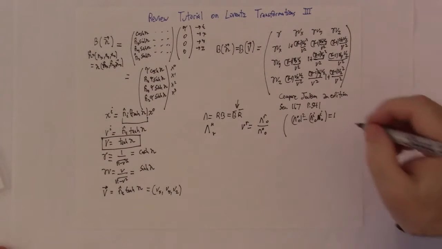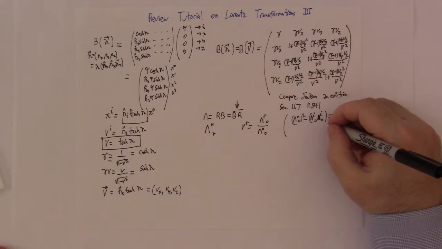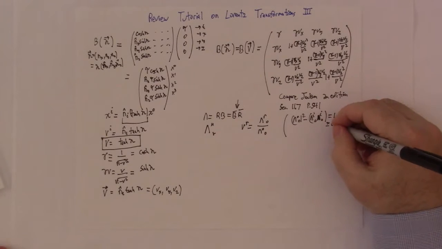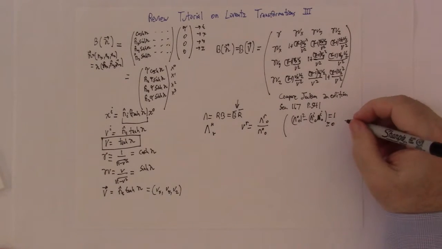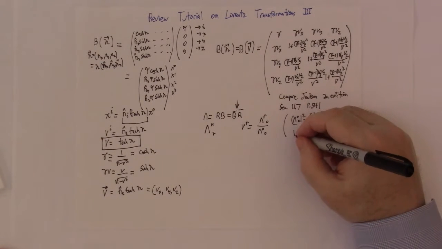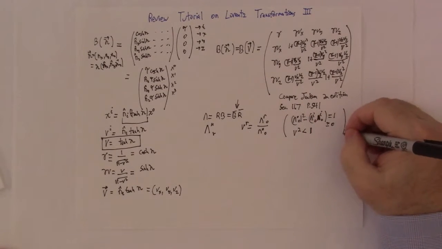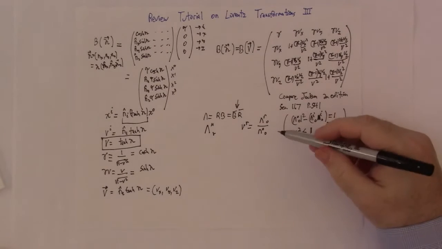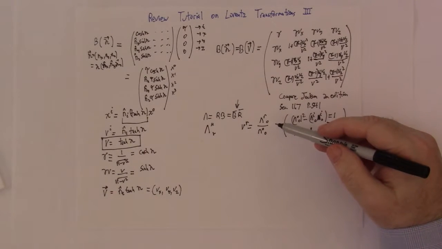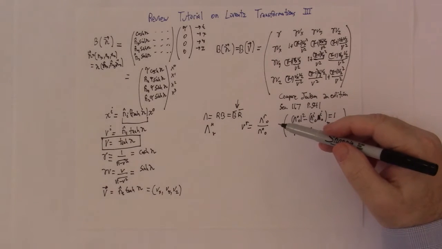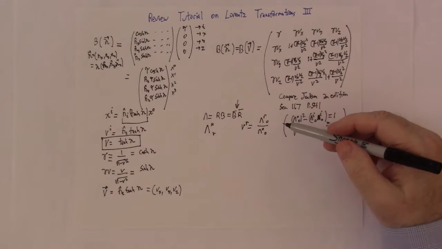So if instead you write it as greater than or equal to 0, you'll get that v squared is less than 1, which is what we want for velocity. So this is a legitimate velocity, and now I'm going to start showing how this works.